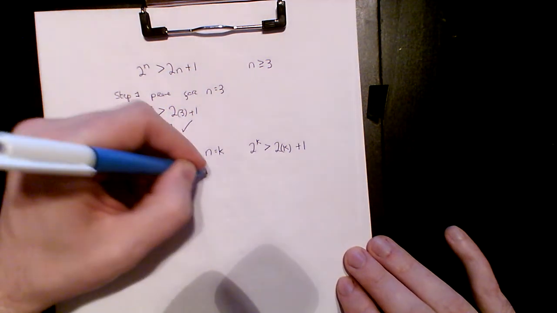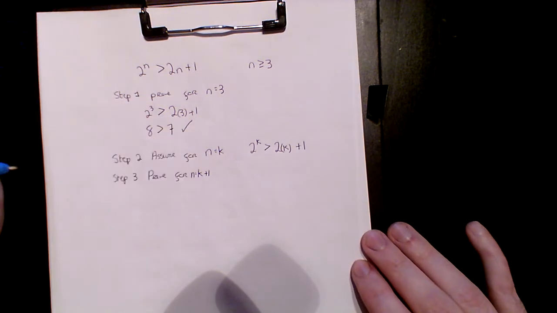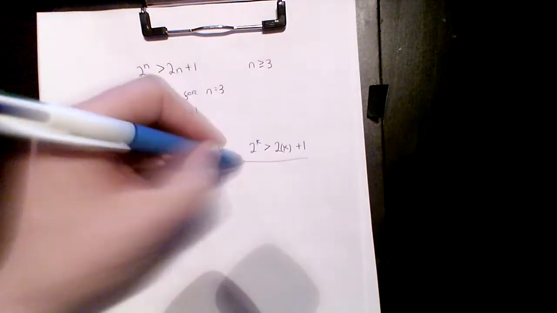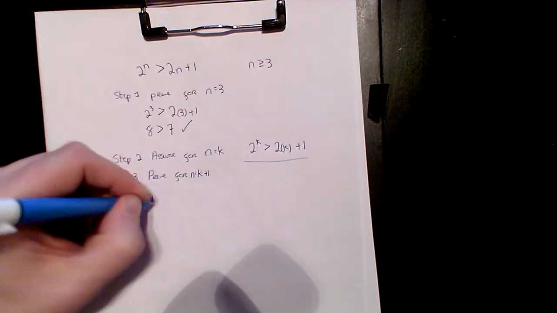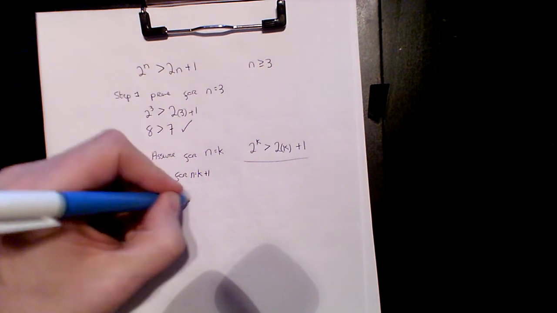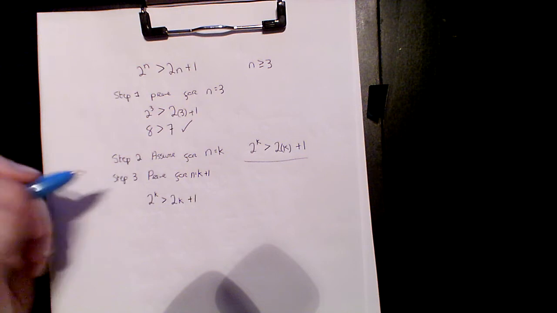Prove for k plus 1. For n equals k plus 1. Right, so again with these inequality ones, we will take this, 2^k is greater than 2k plus 1. Brackets in there or not, doesn't matter.